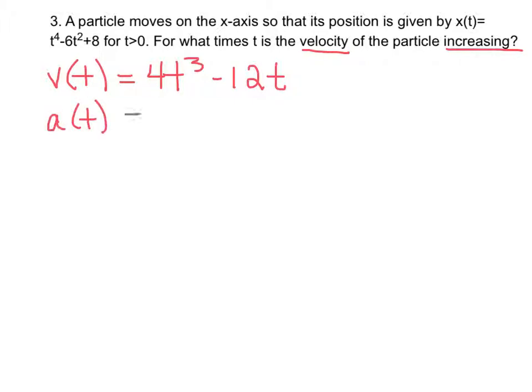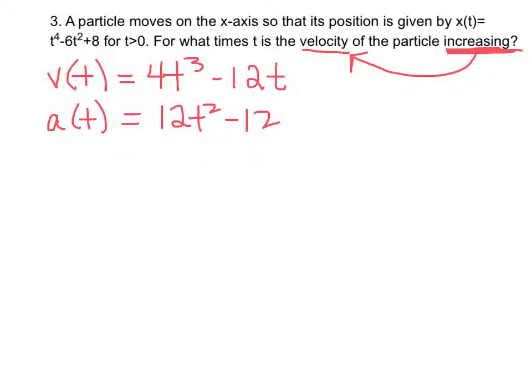Okay, remember that the word increasing or the word decreasing means derivative. And since we have increasing here, we want the derivative of the velocity, and thus why we're taking the acceleration. So if we go an extra step, we'll get 12t squared minus 12.